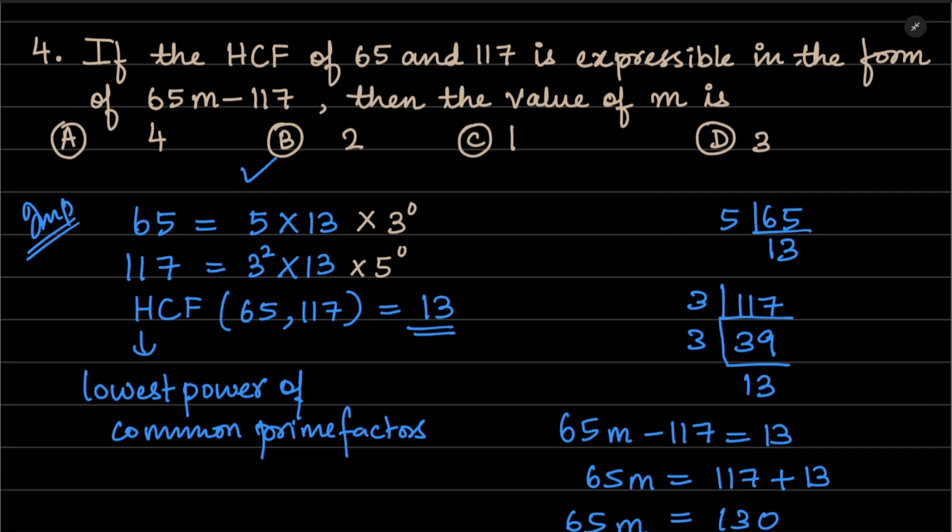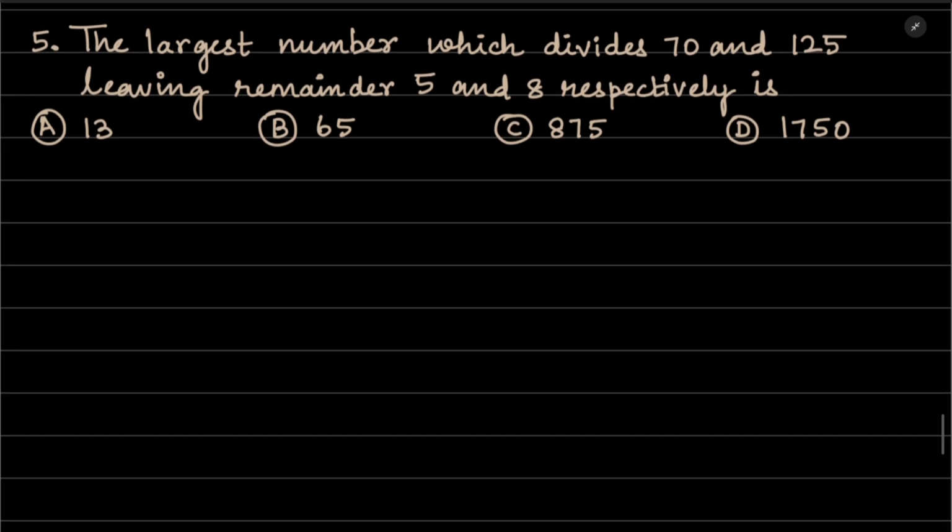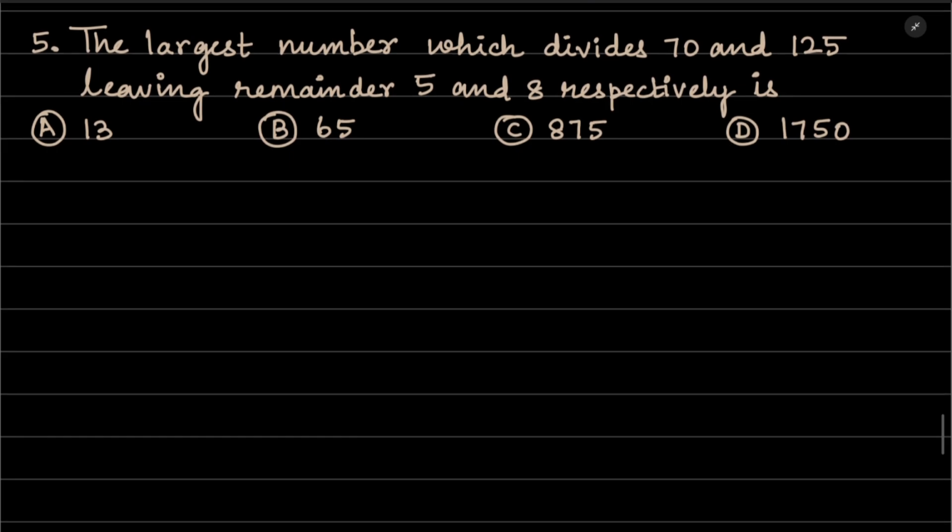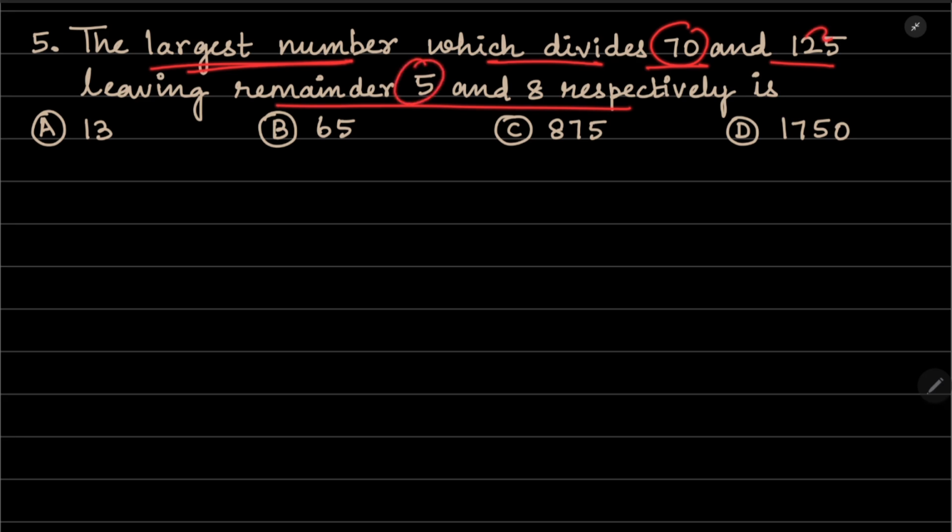Let's move on to the next question. The largest number which divides 75 and 125, leaving the remainder 5 and 8 respectively. The minute you see that you have to find a number which divides 70 and 125 leaving these remainders, the first thing that you have to do is subtract the remainder from the number.